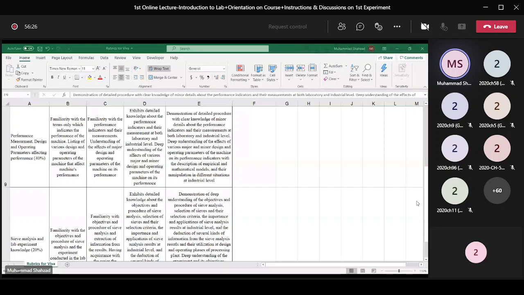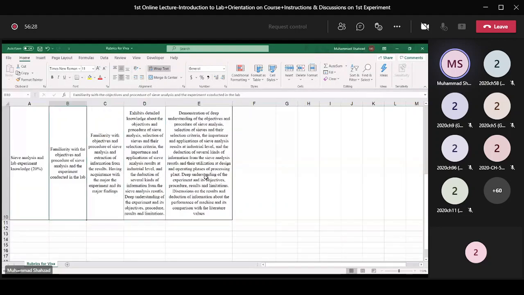Last one, sieve analysis and lab experiment knowledge. Deep understanding of the objectives and procedure of sieve analysis, selection of sieves and their selection criteria, their importance and application, application of sieve analysis results at industrial level, the deduction of several kinds of information from sieve analysis results and their utilization at design and operating phases of a processing plant.